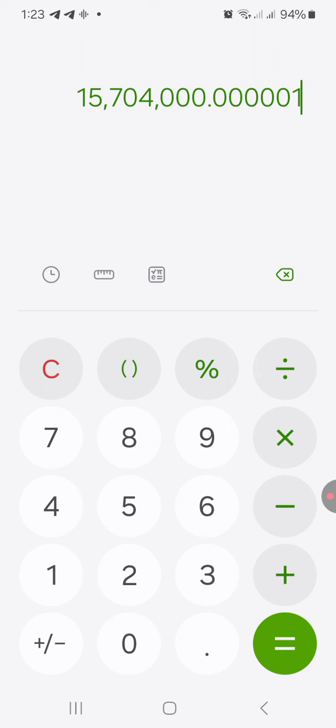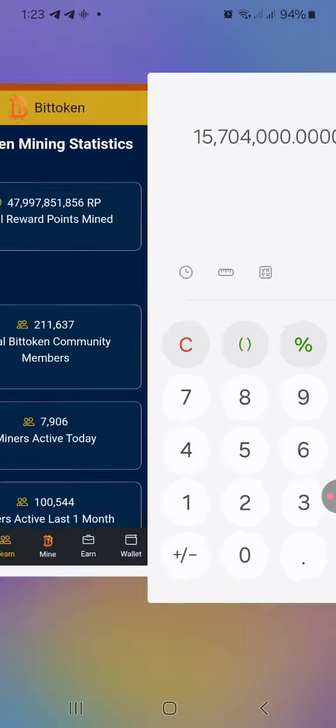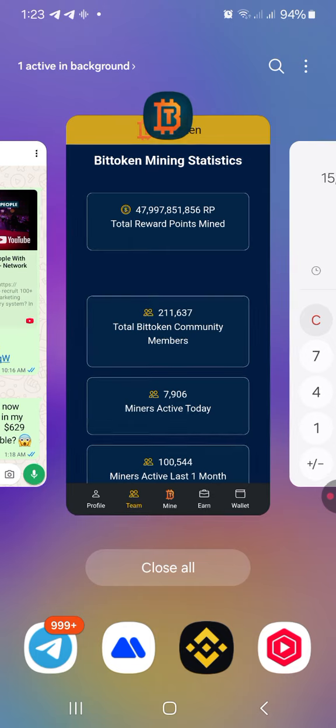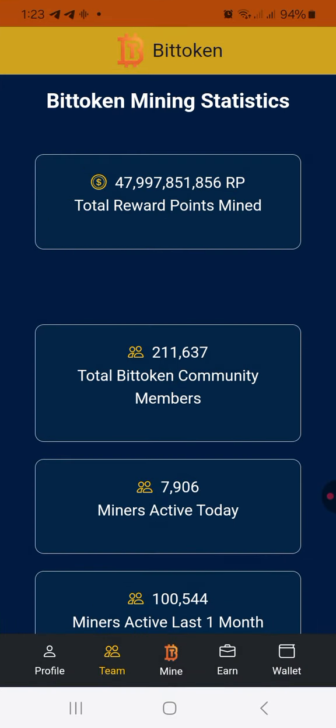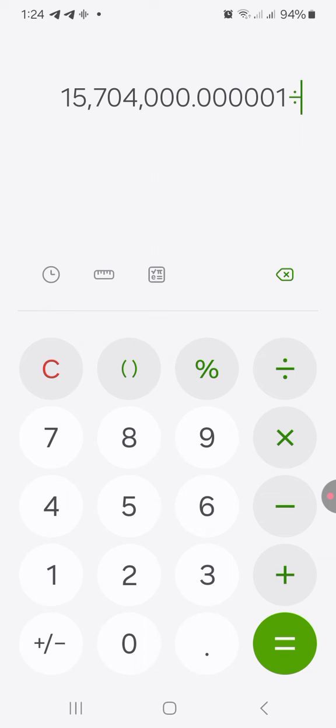Now, to calculate the current rate, we're going to divide that by the total reward points mined, which is 49,997,885,886 reward points.